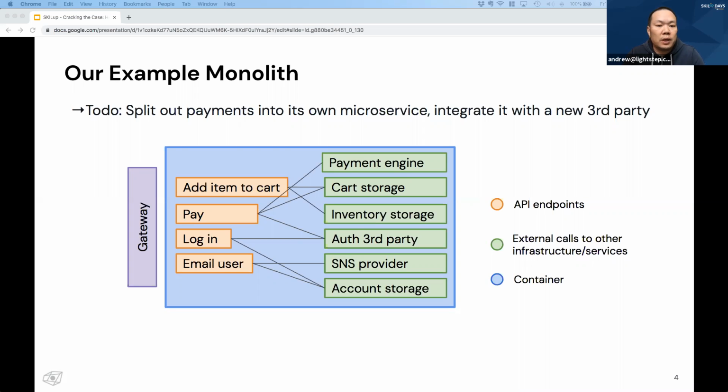So if one of these functional areas suddenly sees an increase in traffic, such as many more users logging in, there is no way to scale up just that functionality to handle the increased volume. You would have to scale up the entire application instead.